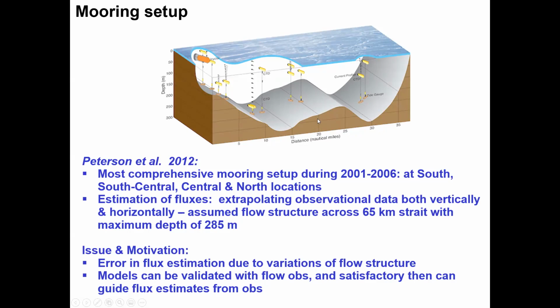So there's an issue here: you assume some flow structure when deriving fluxes, so uncertainty or error can certainly be introduced. Our idea is that the model can help with this flow, and if the agreement is good, then we can move forward to guide the estimate of the observation.